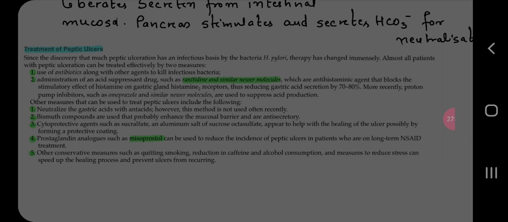Ranitidine, cimetidine. Treatment of peptic ulcer. Since the discovery that much peptic ulceration has an infectious basis in the bacterium H. pylori, therapy has changed immensely.